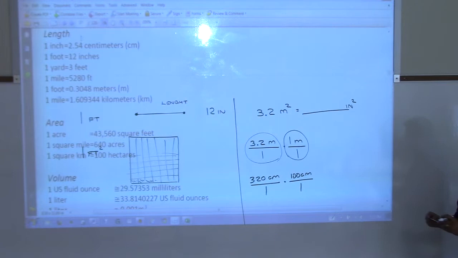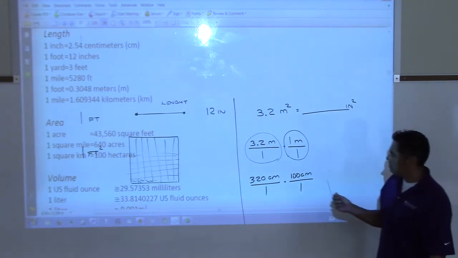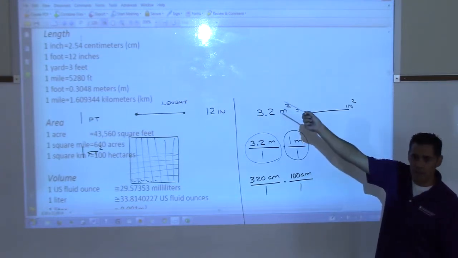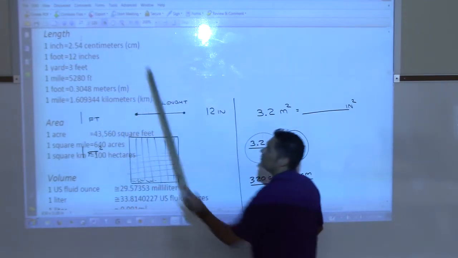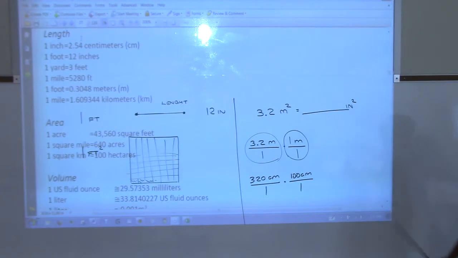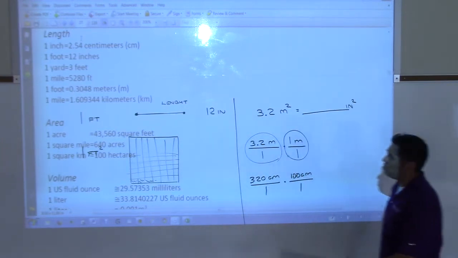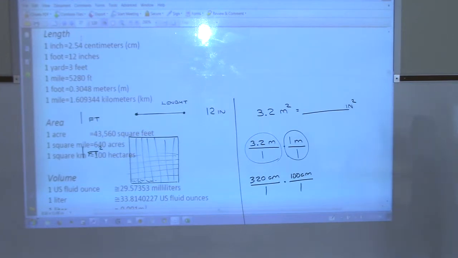So how could I do this using the equivalence relationship that we have right here? We have to create another proportion. Which one do you want on the bottom? I want the centimeter on the bottom.